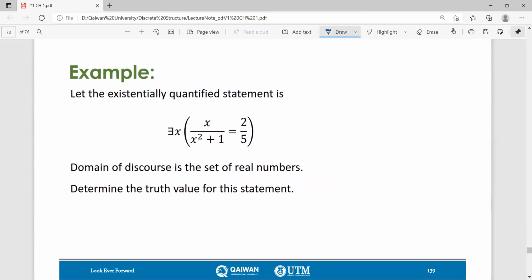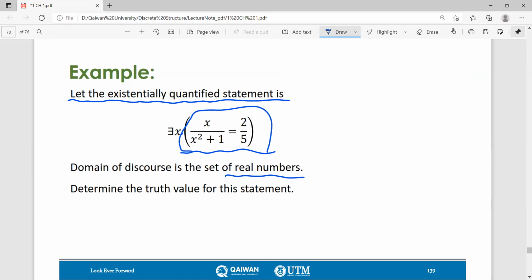Look, here we let the existentially quantified statement be: there exists x such that x over x squared plus 1 equals 2 over 5. What's the domain? Let's check. The domain is the set of real numbers. That means if you could find only one value in the real numbers which satisfies this, the statement is true.